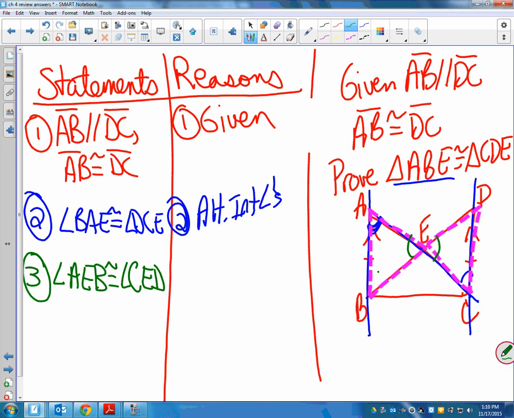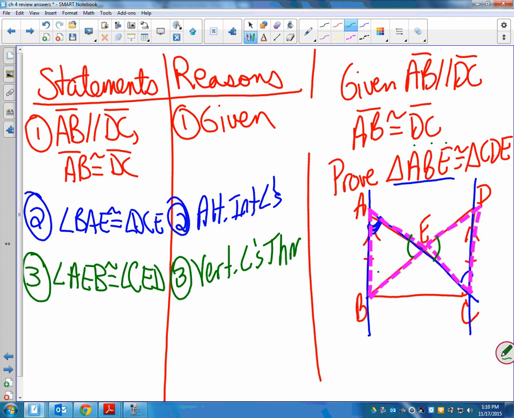So I said A, E, B. So I went first, third, middle. So I know that has to be C, E, D, because they all have to match up as corresponding parts. Some people, I'm not a good visual person sometimes, so I go back to this, but if you can just look at it on this, that works too. And this would be because of the vertical angles.